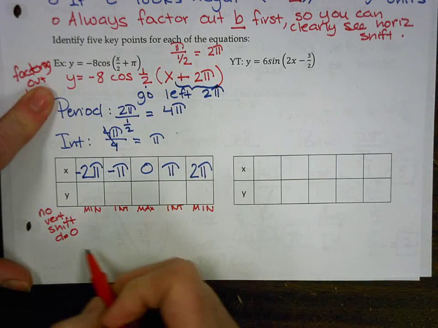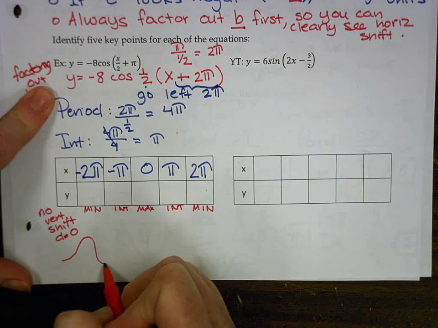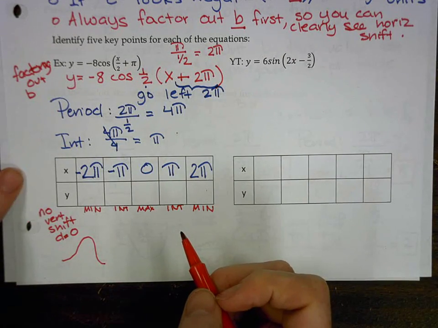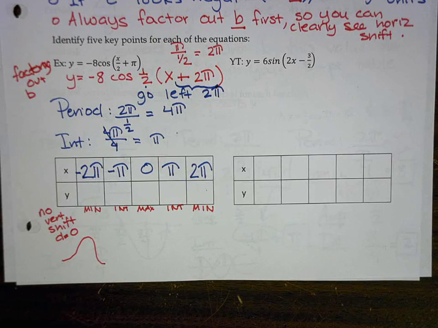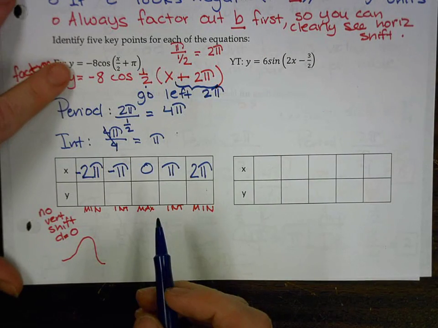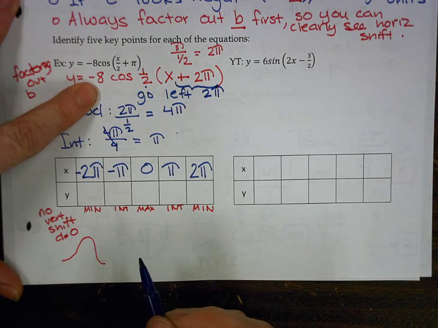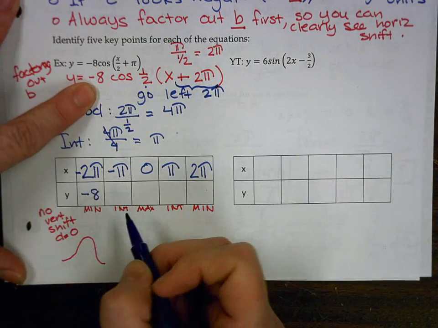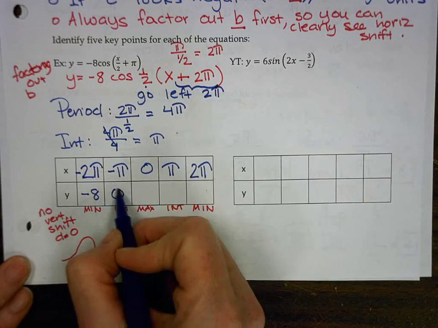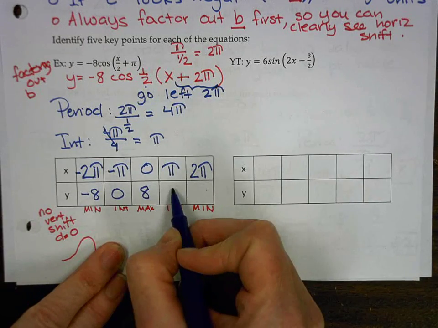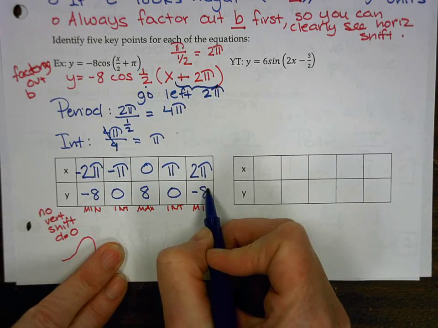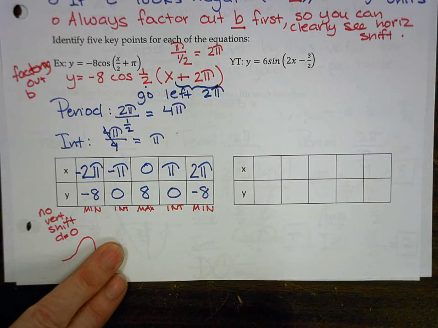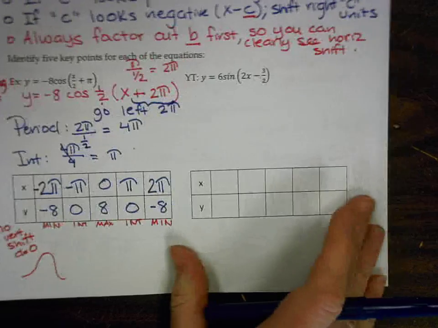I know that a negative cosine curve looks like that, okay? So what is my amplitude? My amplitude is positive 8. The minimum value goes in the opposite direction, so it's negative 8, and then 0, and then 8, 0, negative 8.